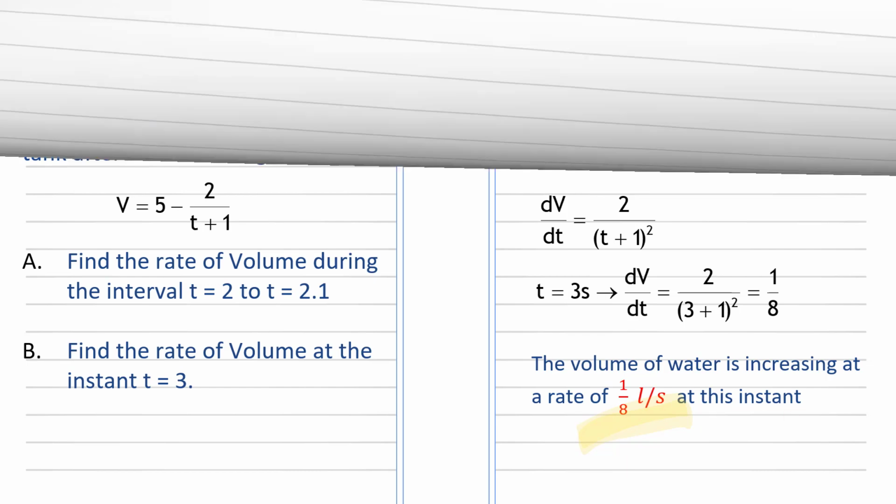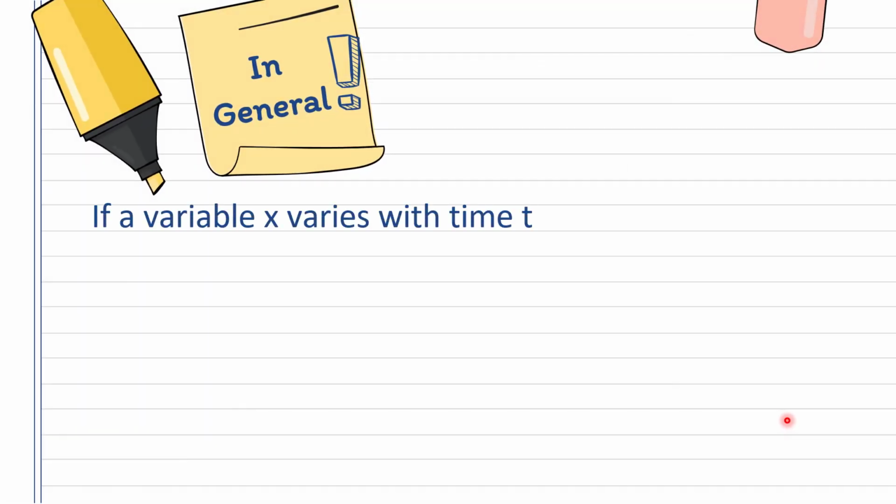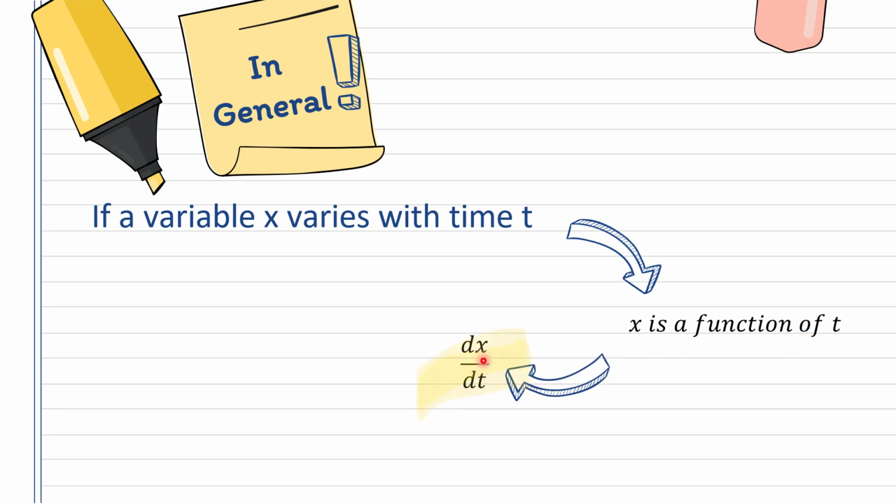In here we can see that dv/dt will be a variable. So when a variable x varies with time t, then we can have x, which is a function of t, differentiated to become dx/dt.